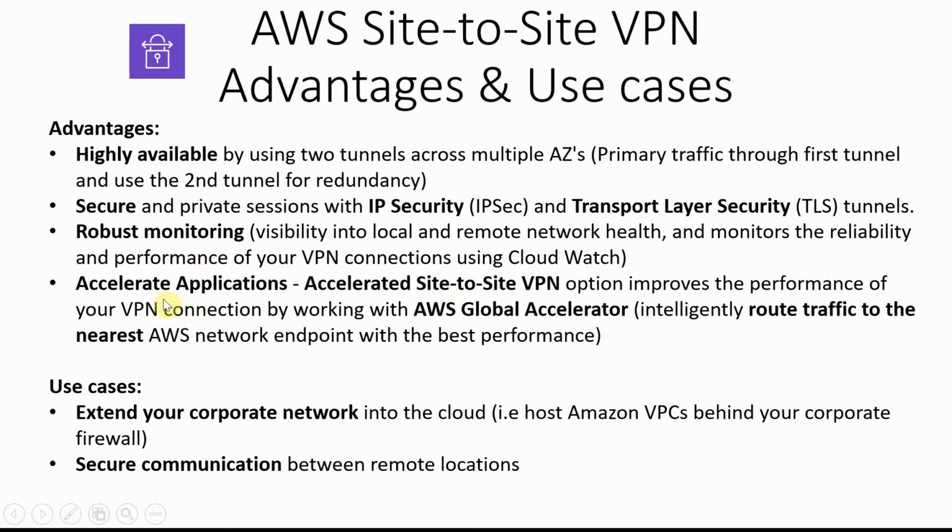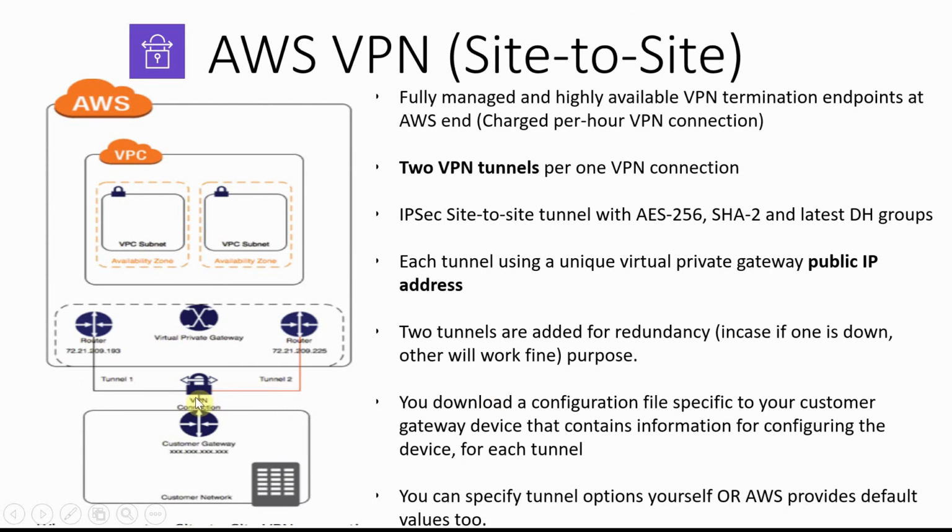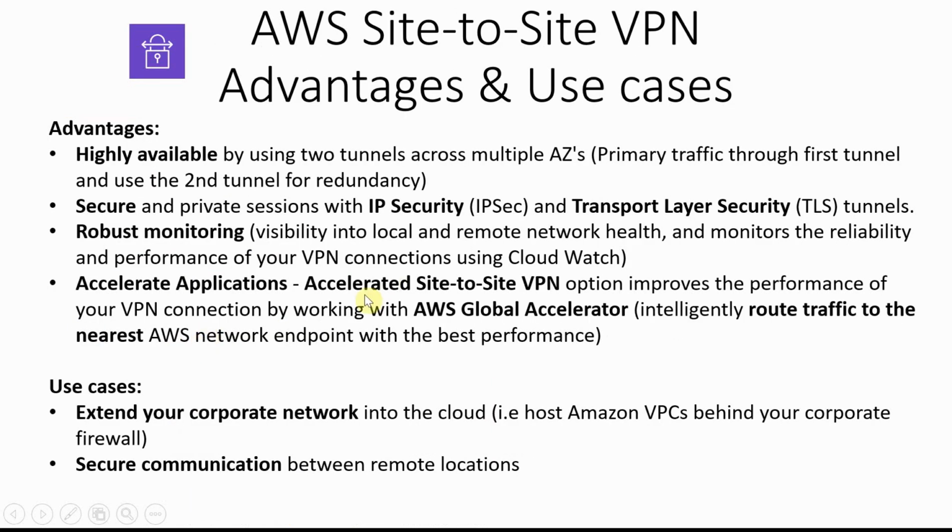And also there's something called accelerated site-to-site VPN. This is not the common one, but let's say the data transfer between your on-premise and cloud should be very fast, super fast. Then we have something called accelerated site-to-site VPN. This is a more advanced feature that provides very good performance compared to the normal ones because it internally uses AWS Global Accelerator.